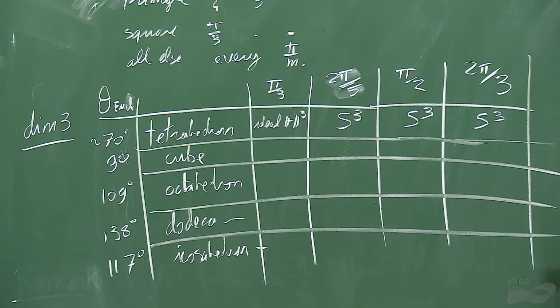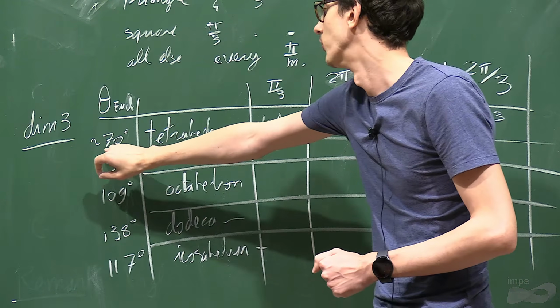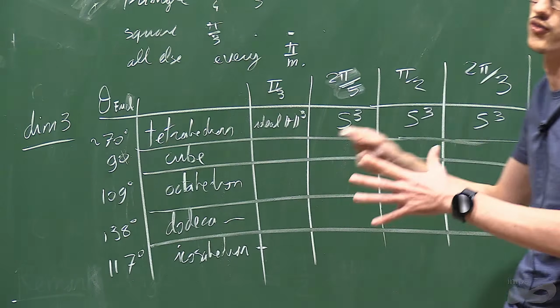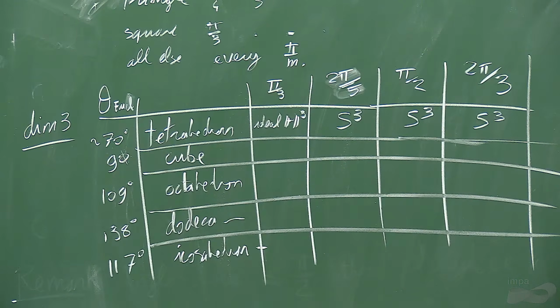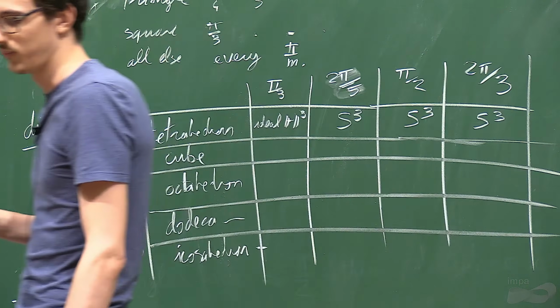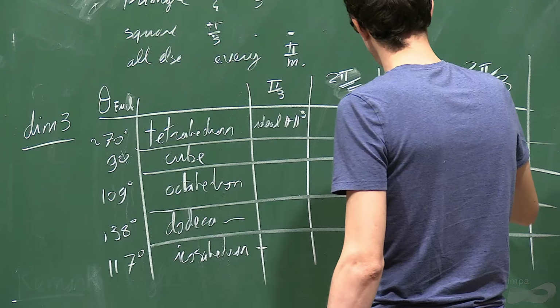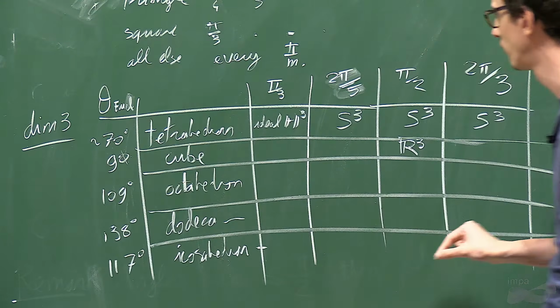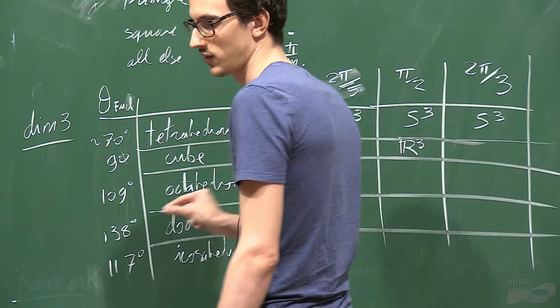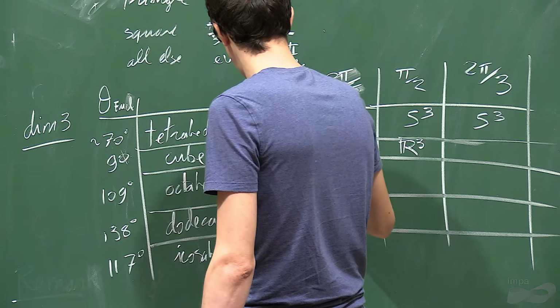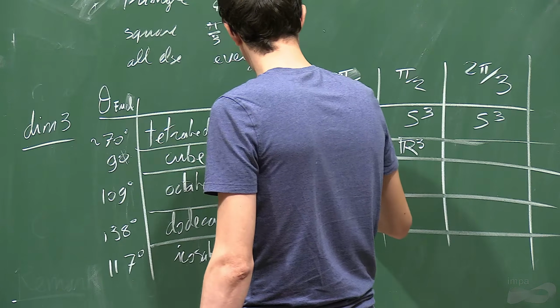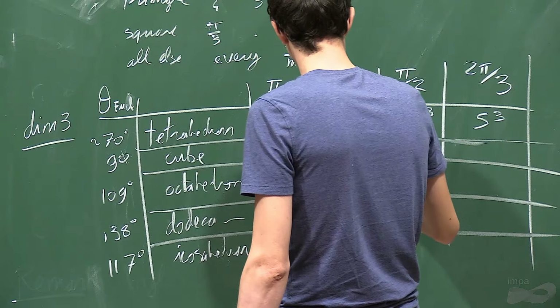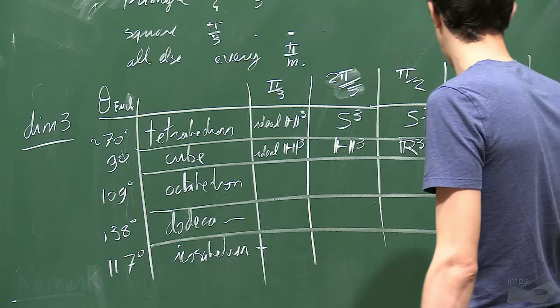So you can define it in S3 as you define it in H3, with the intersection of this, and you can find all these angles because in the spherical case it's going to be the opposite of the hyperbolic geometry. You just increase. So a cube you can realize in the Euclidean space with pi over 2, and actually you can find an ideal cube in H3. You can find this one in S3 and this one in S3.